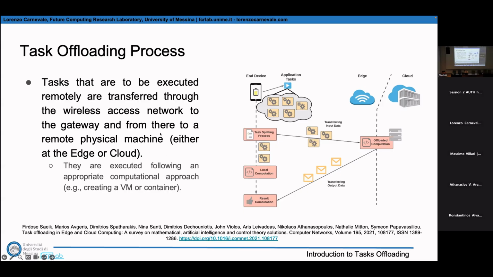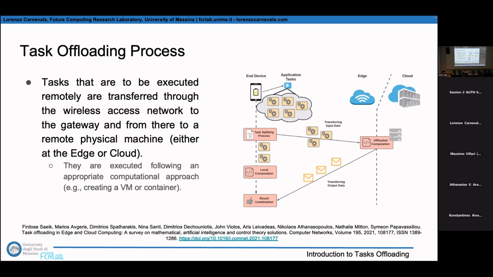They are typically executed in the edge and the cloud following an appropriate computational approach like virtual machines or a much more lightweight virtualization system like the container. Of course, moving a container, so moving a virtualized process, is much more convenient because a container is lighter than a virtual machine.